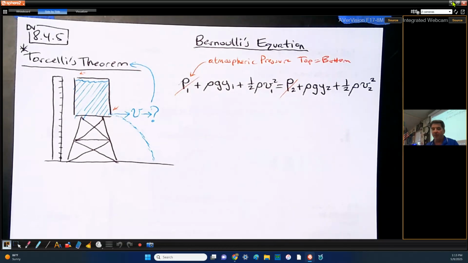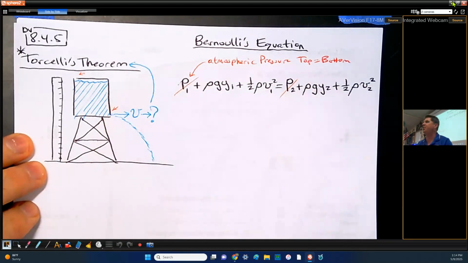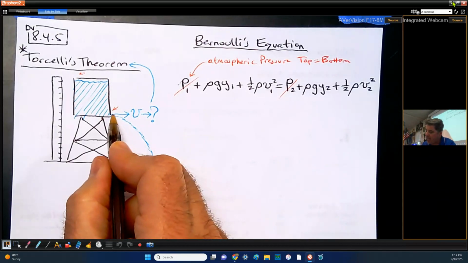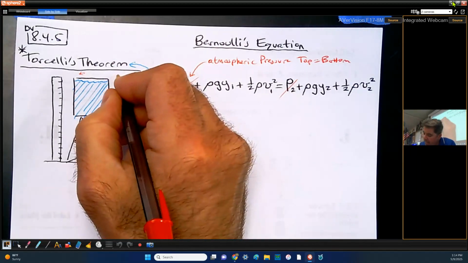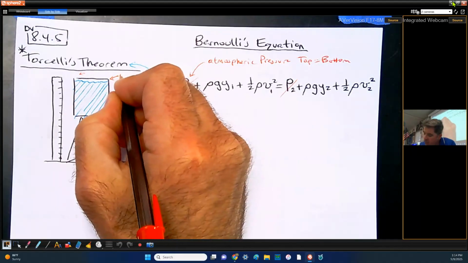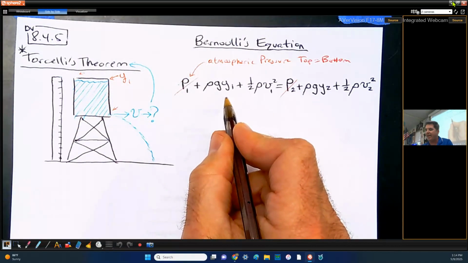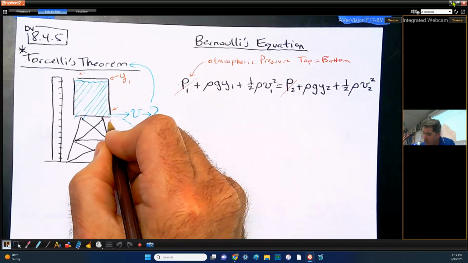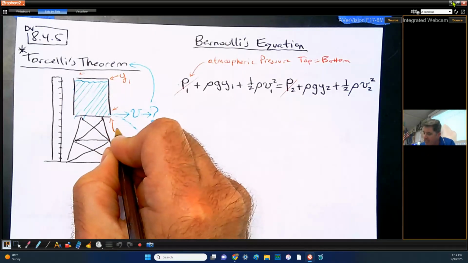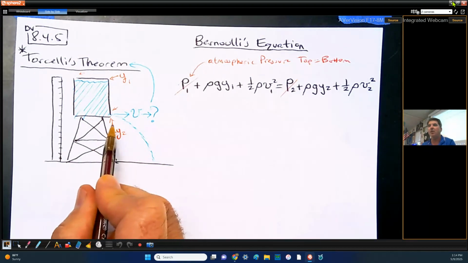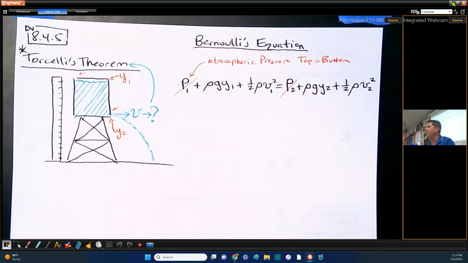What about the y's? Well, let's make the y's a logical position. You can choose y anywhere you want, but I want to find the speed right there. So I'm going to choose y here to be y1. That's my initial height, my initial y. And I'm going to choose y2 to be there. And that's smart because I only care about how fast it's going here, I don't care about it all the way to the ground.